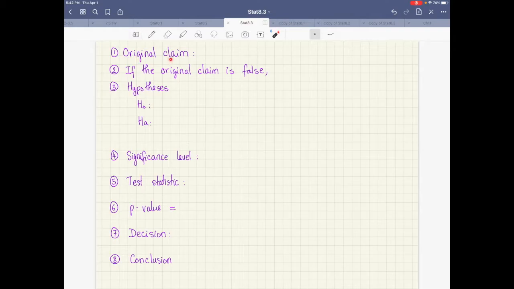First step, original claim. Mu equals 60. If the original claim is false, then mu is not equal to 60. For H0 and HA, I will pick the statement with an inequality for my HA.